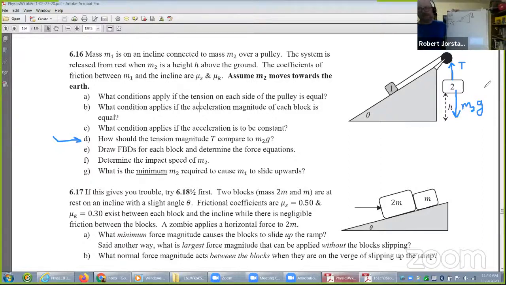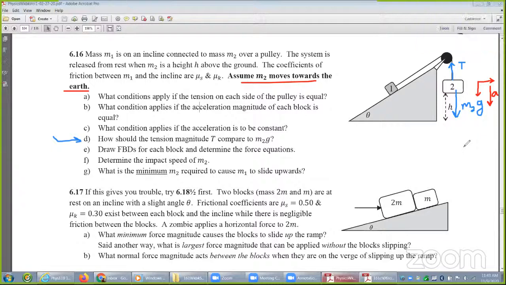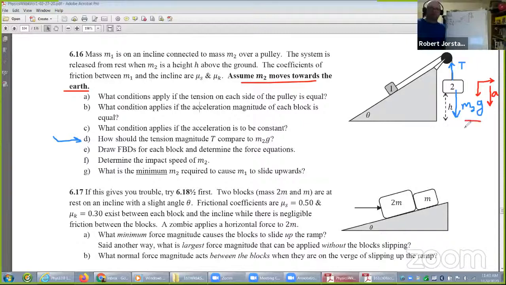It's very unlikely that's true. We're told in this problem, M2 moves towards the Earth, right? If it's accelerating downwards, which is most likely, is M2G equal to tension? No. Which one would be bigger? M2G. Yeah, so we're expecting this is bigger.